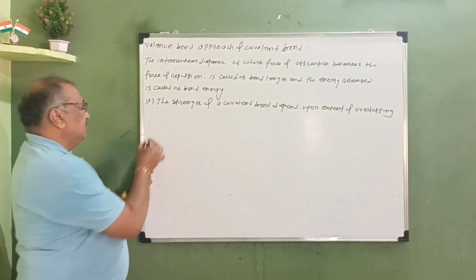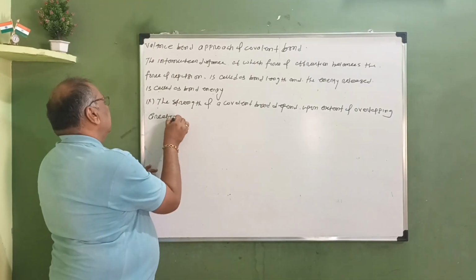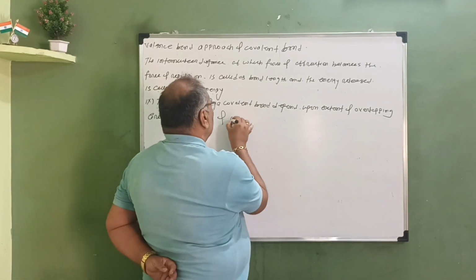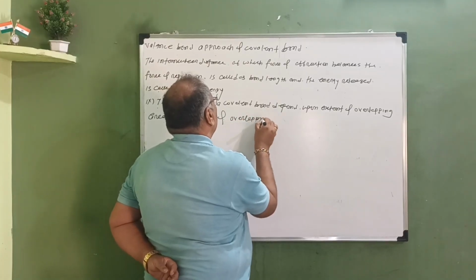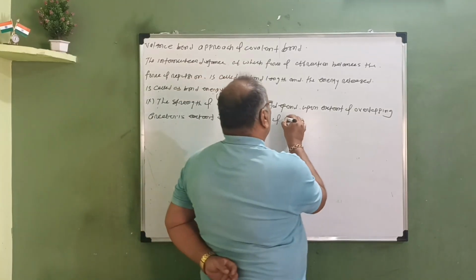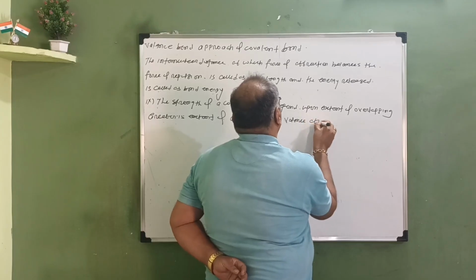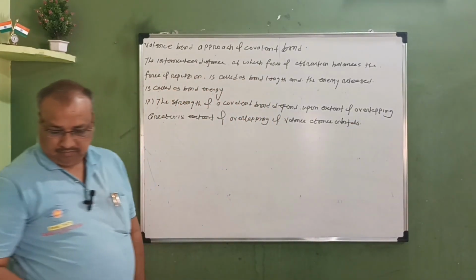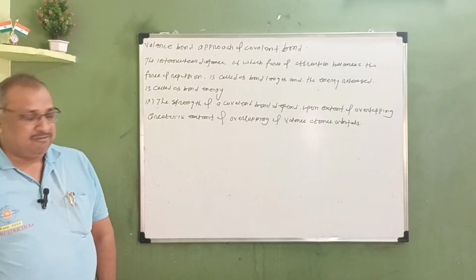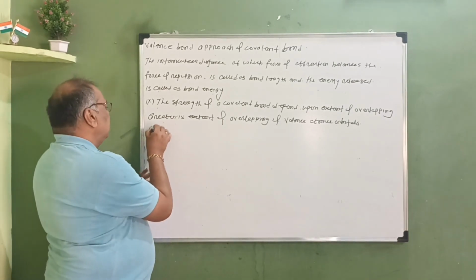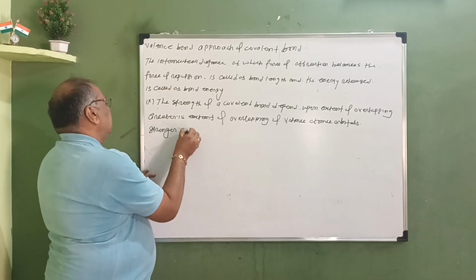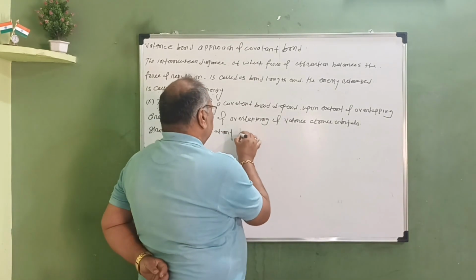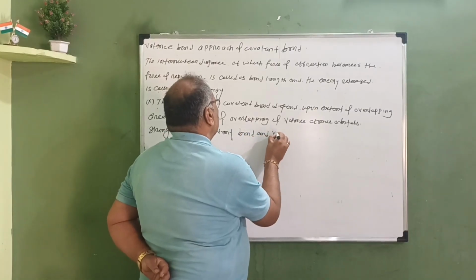Greater the extent of overlapping of valence atomic orbital, stronger is the covalent bond, and vice versa.